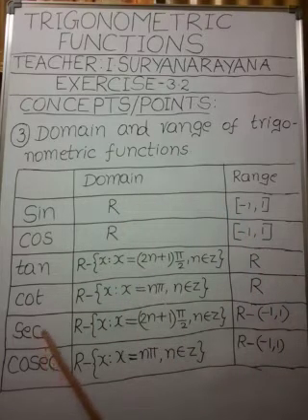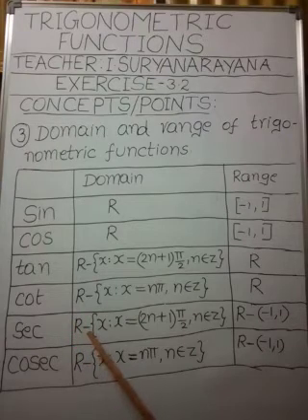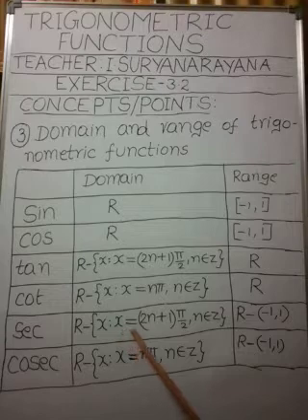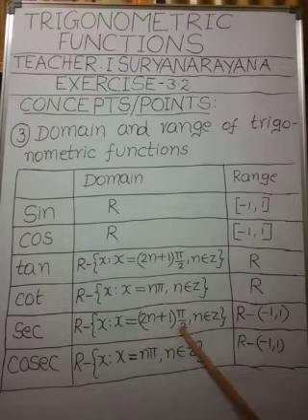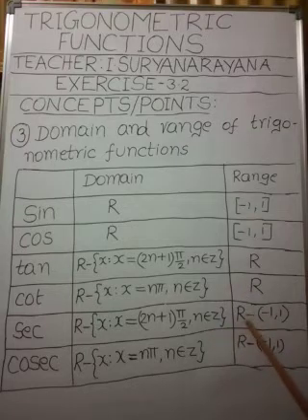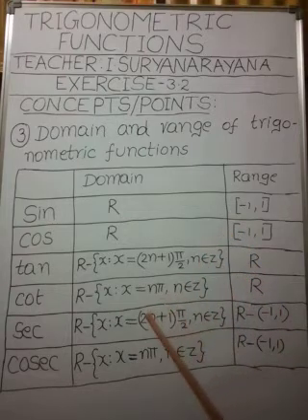Now come to the secant function. Domain is the set of all real numbers minus the set of all x such that x is equal to (2n plus 1) into pi by 2, n belongs to Z. And its range is R minus open interval -1, 1. Remember these points, domain and range of these trigonometric functions.